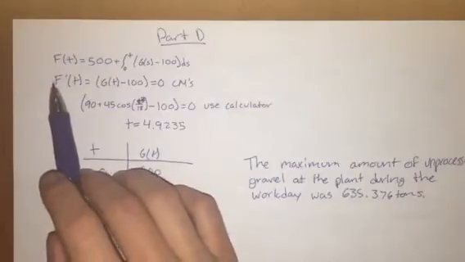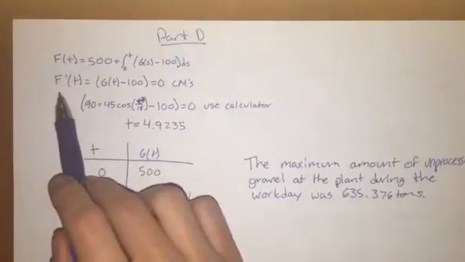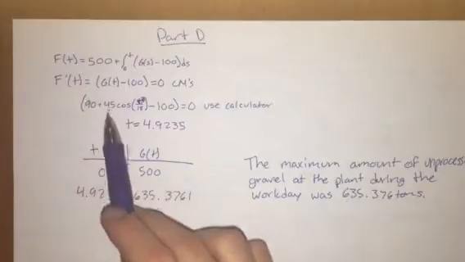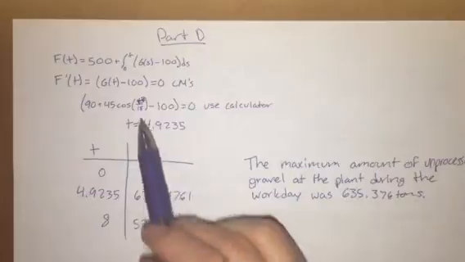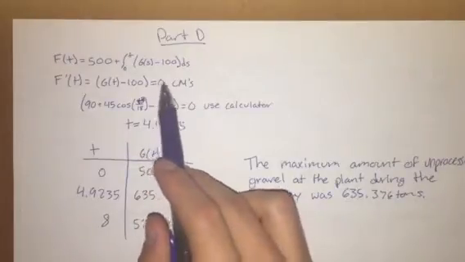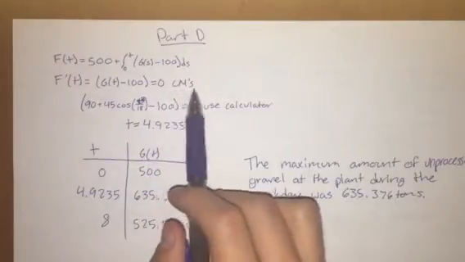Now the derivative of f of t, which is f prime of t, would just equal g of t minus 100. Now, when we set that equation equal to 0, we can find the critical numbers.